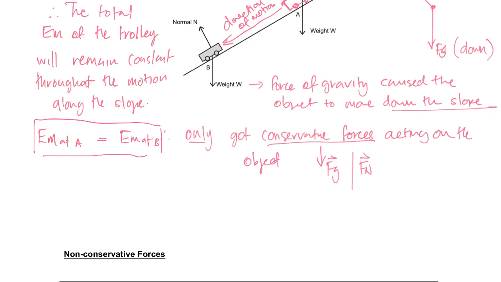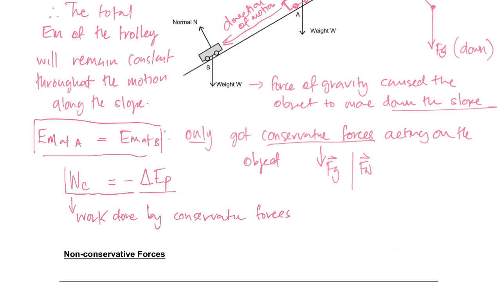I can also, in certain cases, say that if I want work done by conservative forces, that is equal to negative change in EP, because remember, it only works with gravity. So this is work done by conservative forces is equal to the negative change in potential energy.